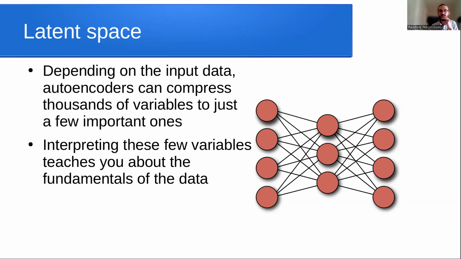And as I said, by studying what structures these models learn in the latent space, you can find very complex patterns that are not really obvious to a human trying to get a feel of what the data is telling me.